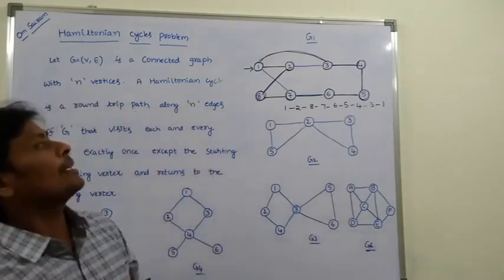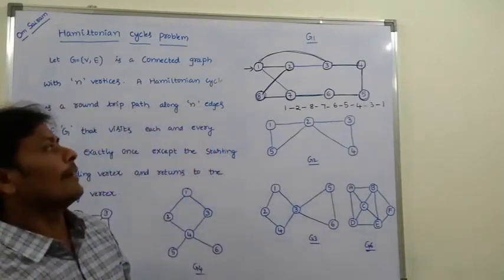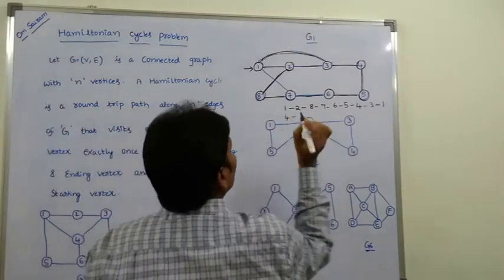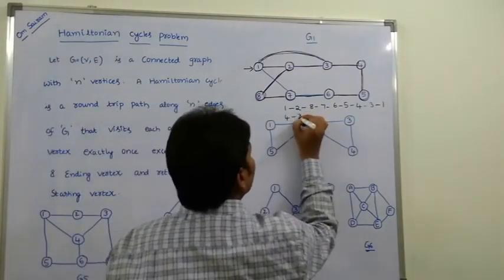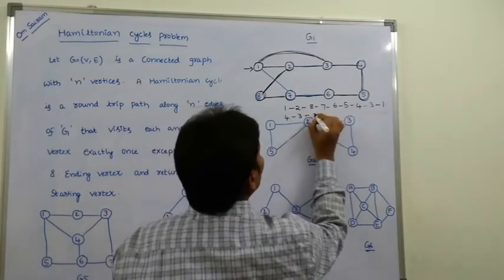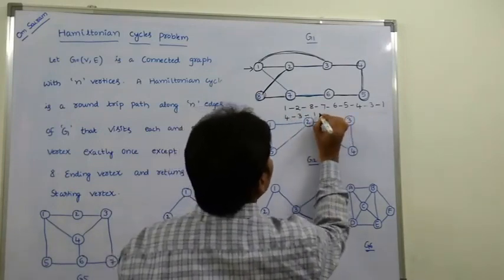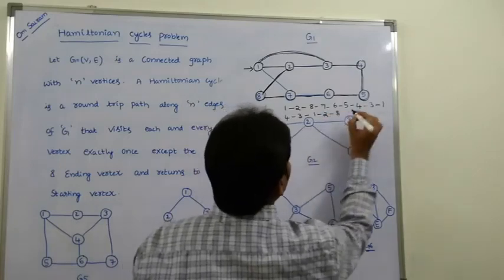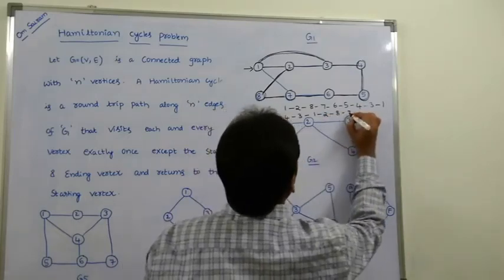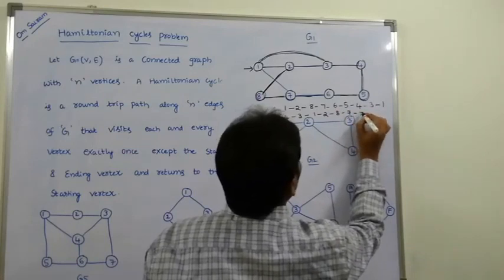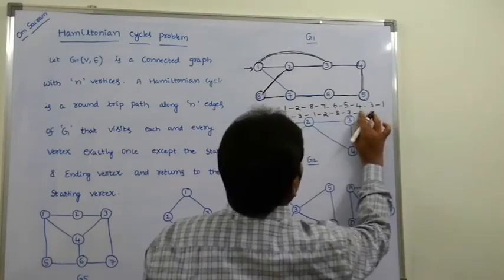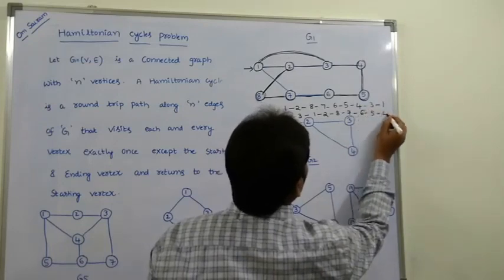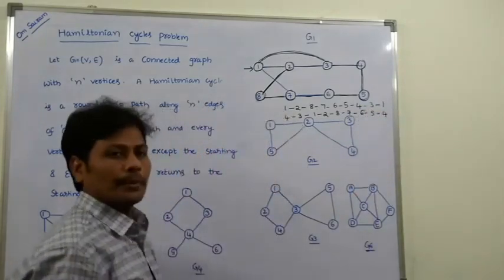What is the Hamiltonian cycle for this graph? From vertex 4, go to vertex 3, then vertex 1, then vertex 2, then vertex 8, then vertex 7, then vertex 6, then vertex 5, then vertex 4.